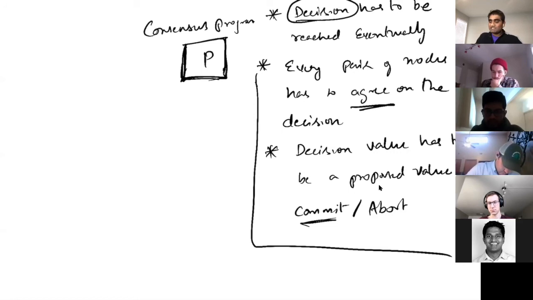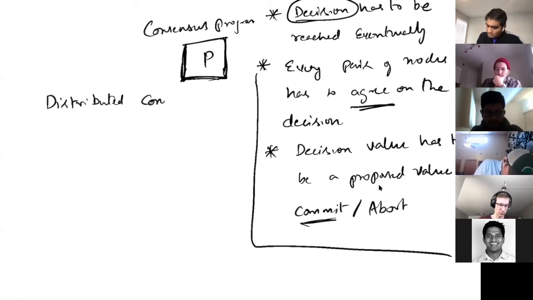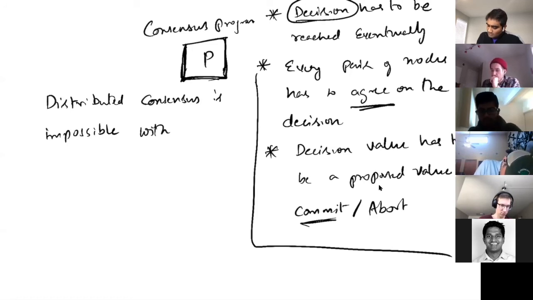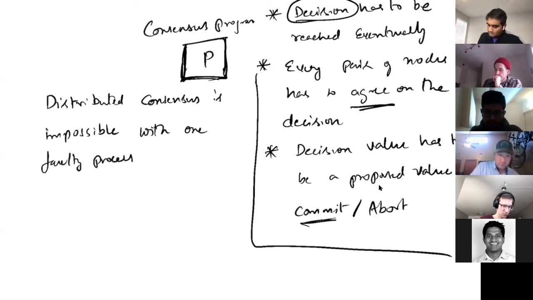So the key result of FLP is that distributed consensus is impossible with one faulty process.